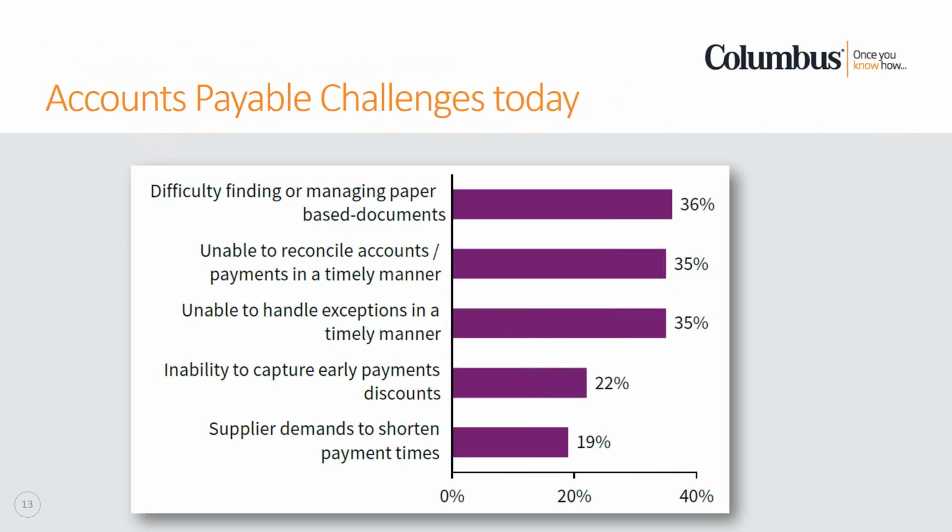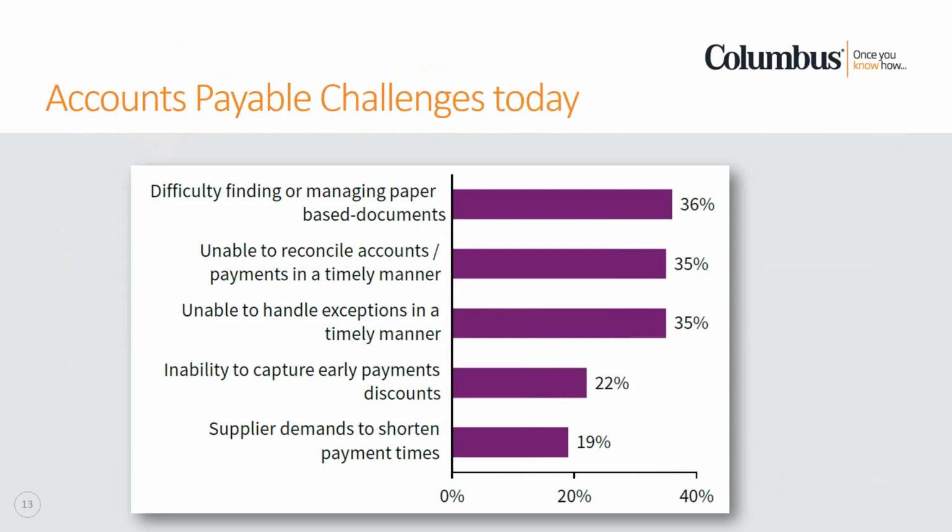So what's driving the issues in AP? What challenges are they facing on a day in and day out basis? The first one on the list is difficulty finding or managing paper-based documents. That whole manual process is not surprising to see up there at the top.